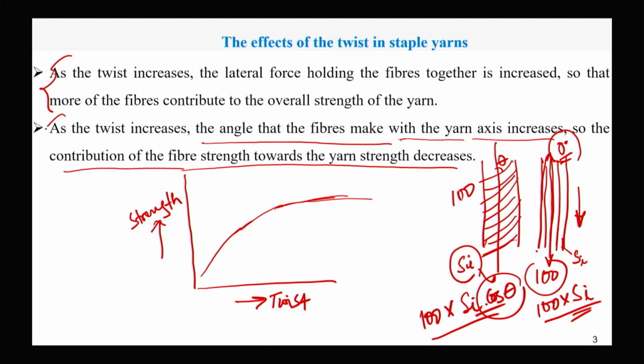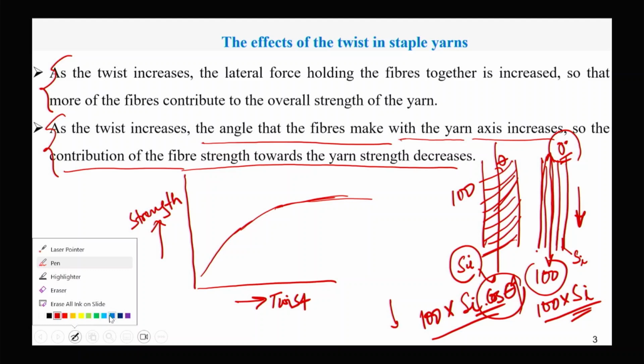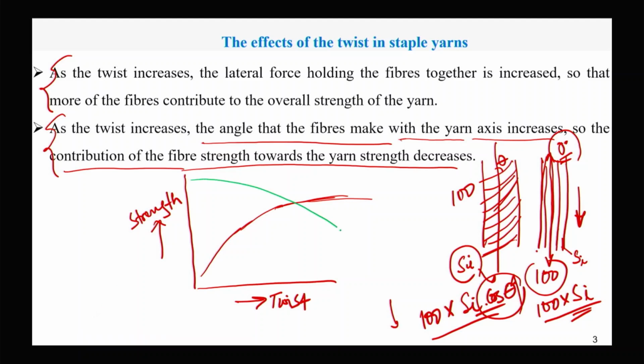But due to the angle of twist, as the twist increases, the angle increases, so the strength value will decrease. This is called the obliquity effect. It means as the angle increases, strength decreases.